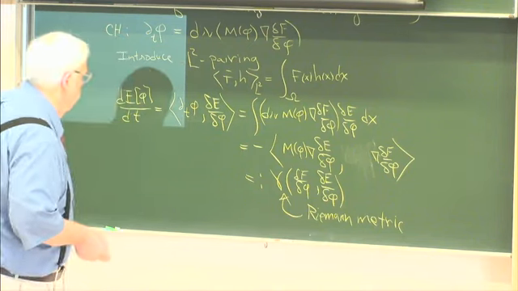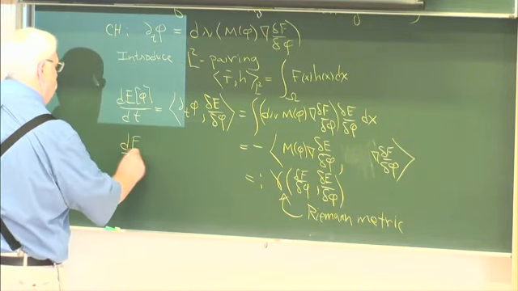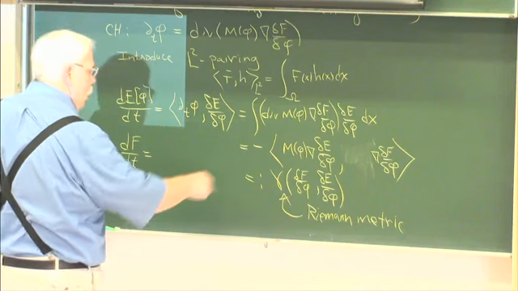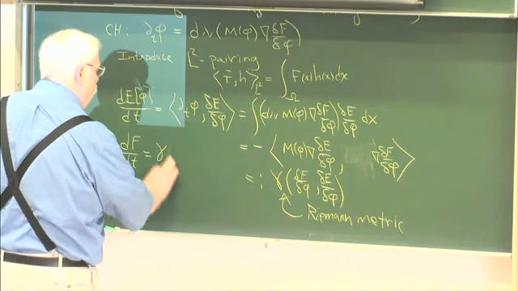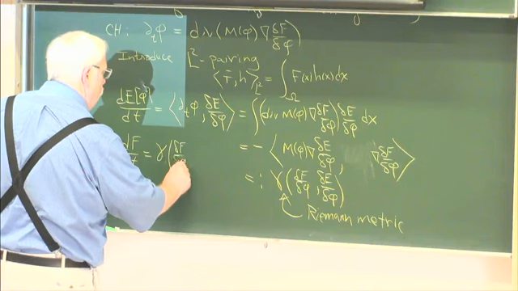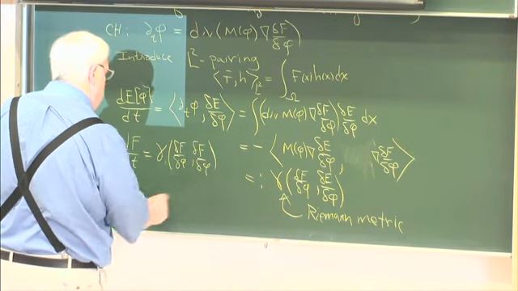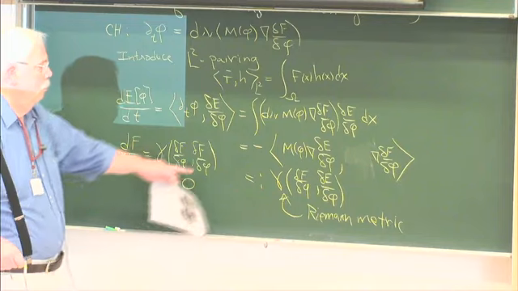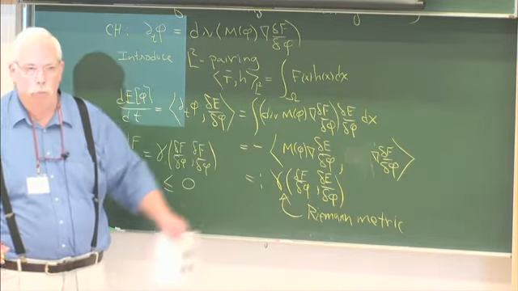And of course, then the free energy derivative is gamma of delta F delta phi, delta F delta phi, which is less than or equal to 0 by the line above for m of phi positive.